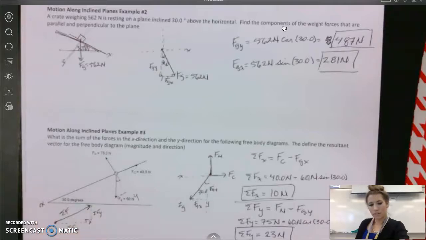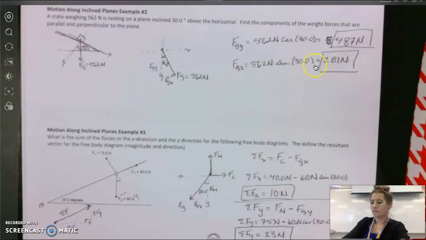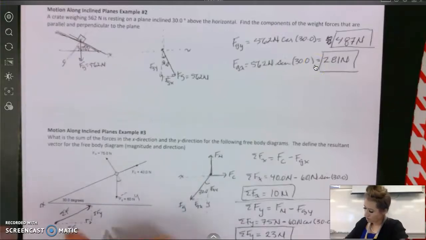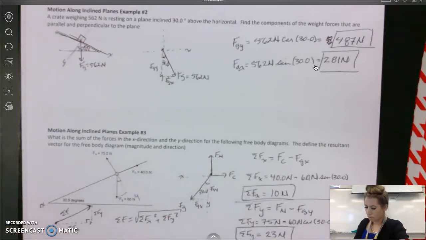This is a right angle, so we'll use the Pythagorean theorem. a squared plus b squared equals c squared, or c is equal to the square root of a squared plus b squared. So I'm going to plug that in.